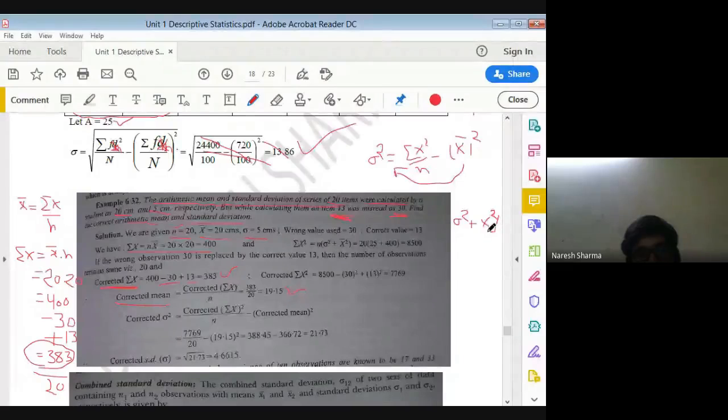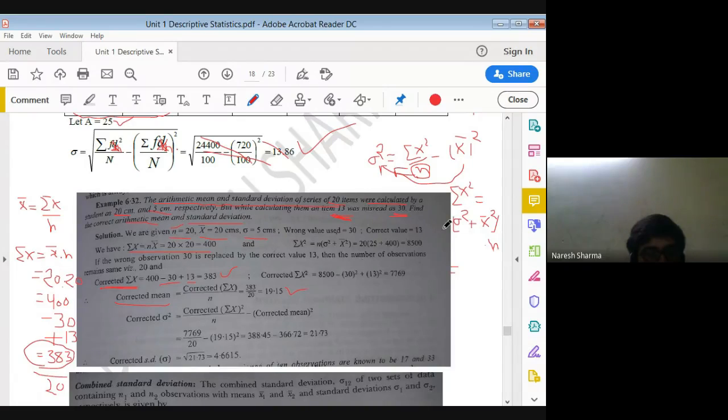After shifting to the left hand side, you can multiply both sides by n, so summation x square is equal to n times sigma square plus mean square. We have this n, that is 20.